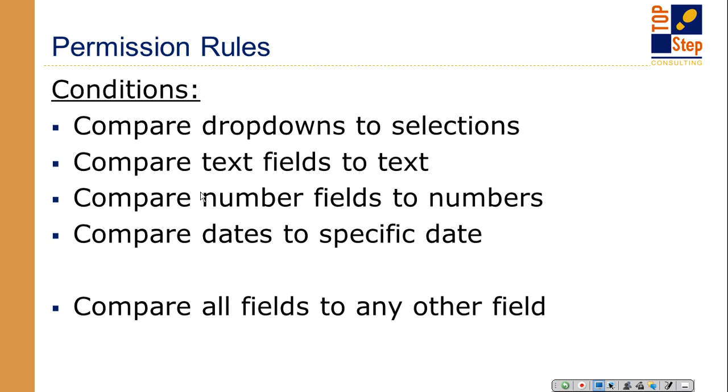Well, if you wanted a permission rule that said, don't let somebody populate the actual end date in the future, you couldn't do that with a permission rule because you have to select a specific date to compare that against. You can't compare it against the date of today, for example. And then, of course, you can compare any field to any other field. So let's say if you wanted to say if the project name contains the customer name, things like that, or doesn't contain it. You can do that kind of evaluation.